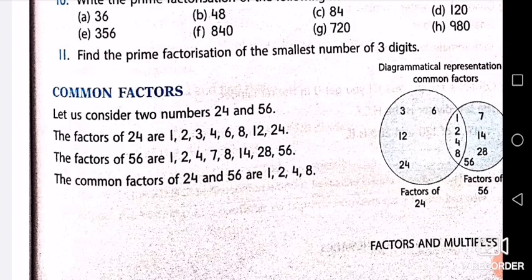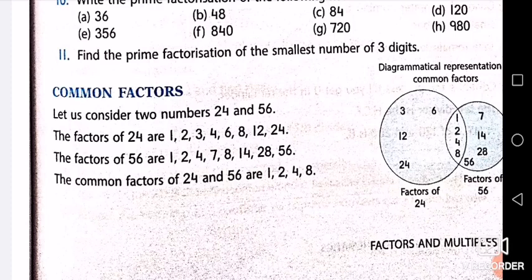These are all the factors of 24. Now let's see factors of 56: 1, 2, 4, 7, 8, 14, 28 and 56. Now in the circle we have written the factors of both 24 and 56.